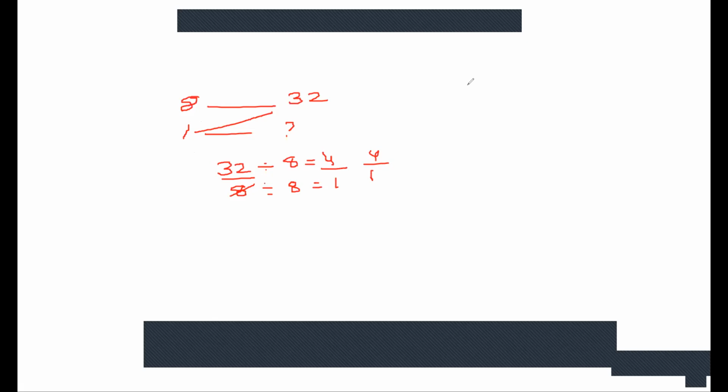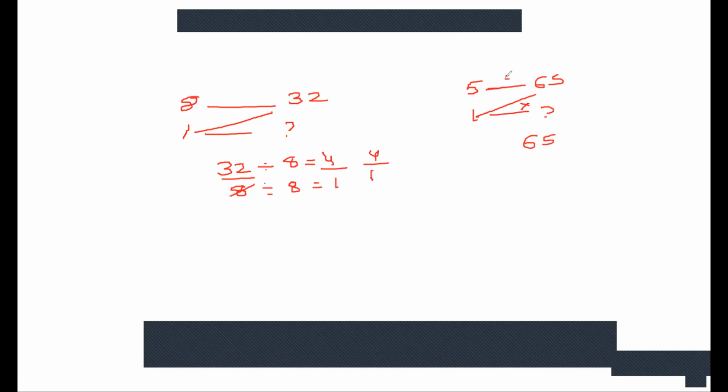Sometimes they don't give it so directly. Say 5 chocolates cost 65 riyals. So 1 chocolate, how much? I told you, remember this will be multiplication. That is the same, 1 times 65, 65.